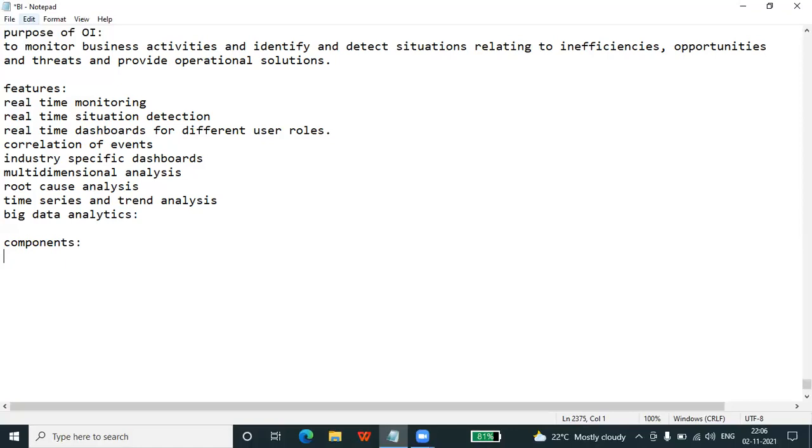So we present a list of some of the commonly found technology components and the features they enable. So the first one is business activity monitoring. Then complex event processing.